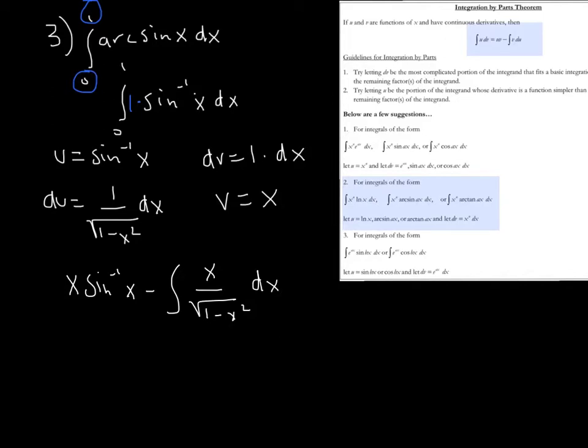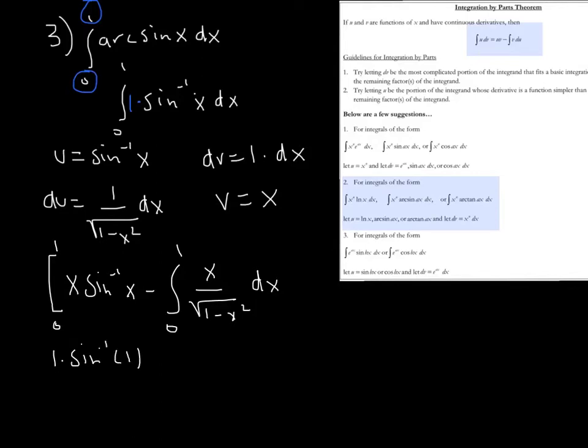And don't forget, we've got our upper and lower limits that we have to plug in, so we have 0 to 1 here, and here we're already done with this part of integration, so we just need to plug in our 0 to 1 limit after we integrate. So matter of fact, let's do that now. If we plug in our upper limit of 1, we end up getting 1 times the inverse sine of 1.